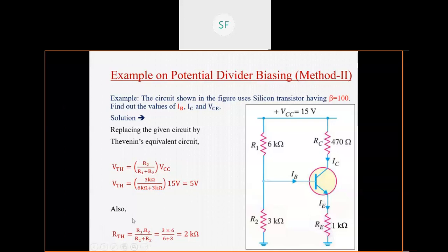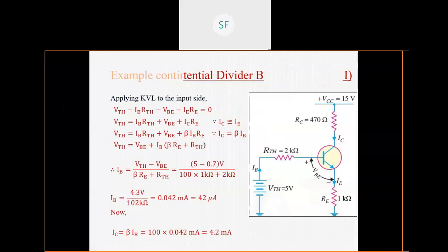You can apply this formula and you will get the value of 2 kilo ohm. So first, you have to calculate the values of VTH and RTH, and then convert this given circuit into Thevenin's equivalent circuit. So this is our Thevenin's equivalent circuit. You can observe here that only the input side has changed, whereas the output side remains constant.